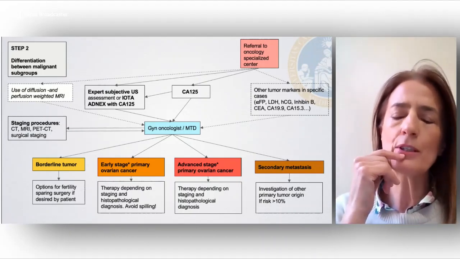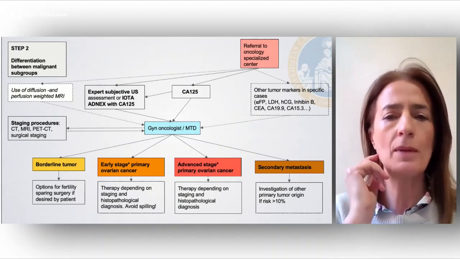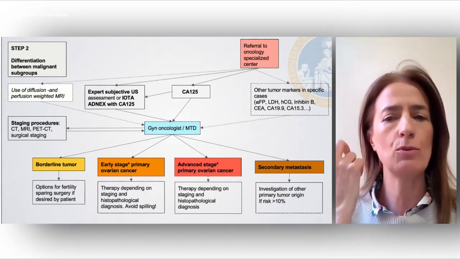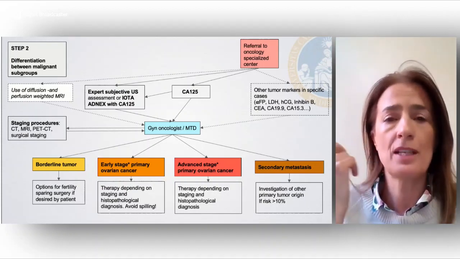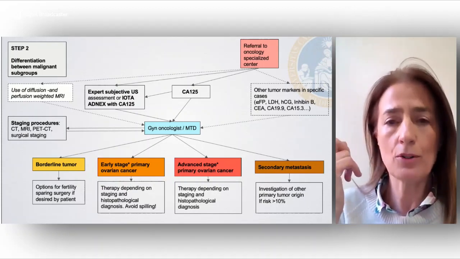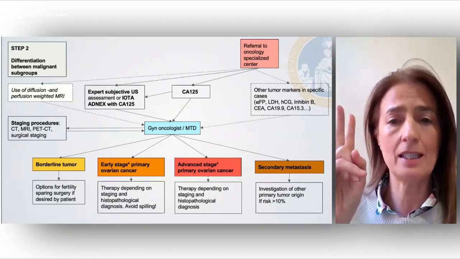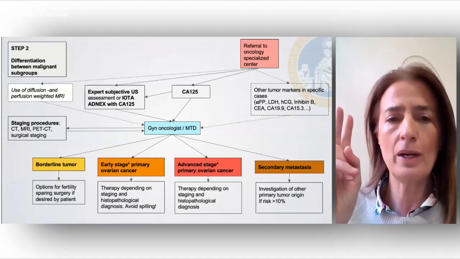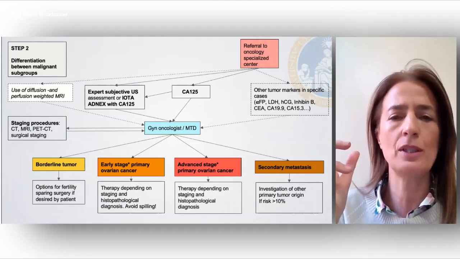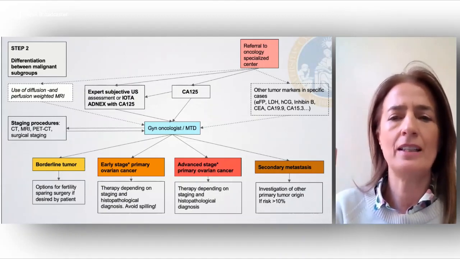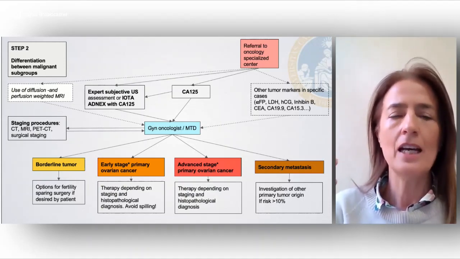I wanted to spend 2 words on this. Why don't we suspect a stromal tumor, for instance granulosa, or germ cell tumors? Because those 2 categories are almost always unilateral. So it's unnecessary to check inhibin B or LDH.